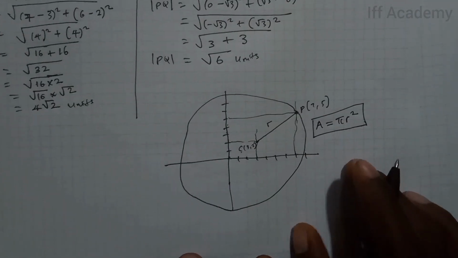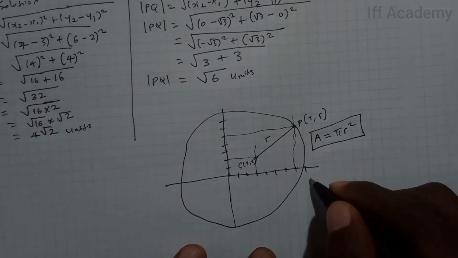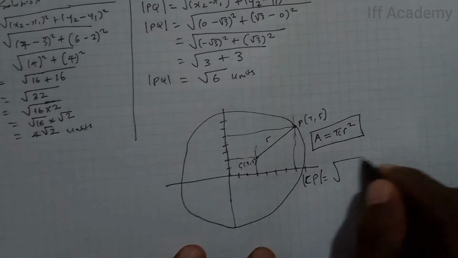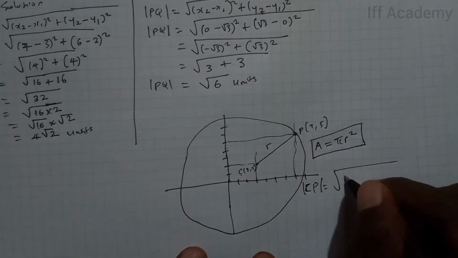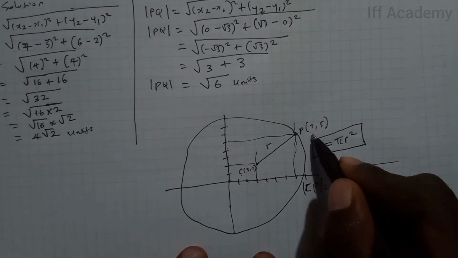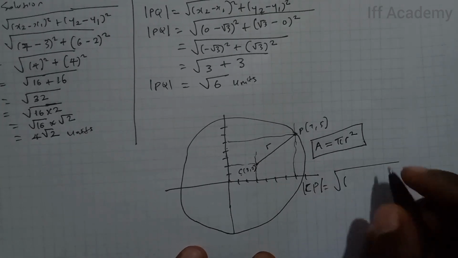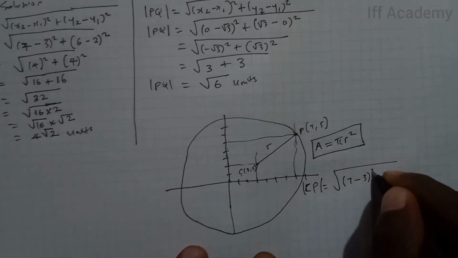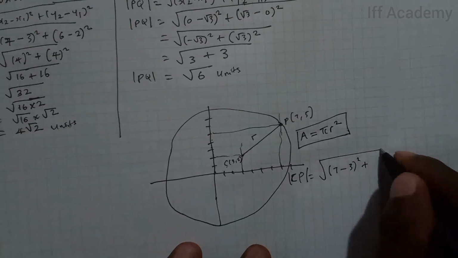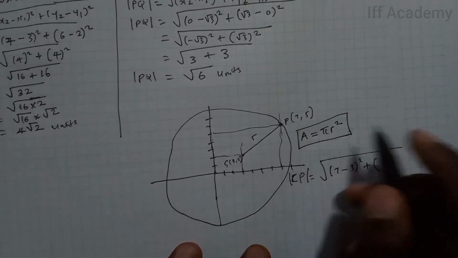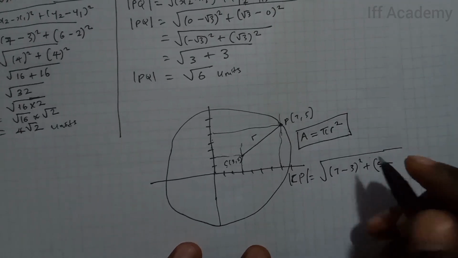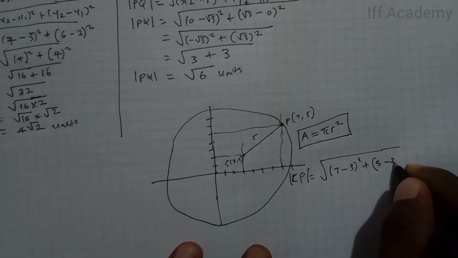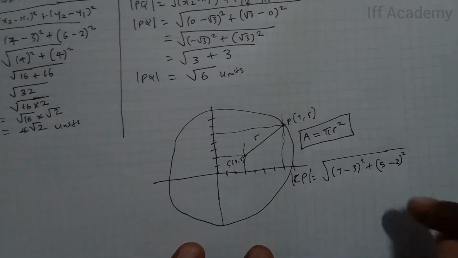So now, applying the distance formula, we have CP equals the square root of x2 is 7, so we have 7 minus x1, which is 3, all squared, plus y2 is 5 minus y1, which is 2, all squared.